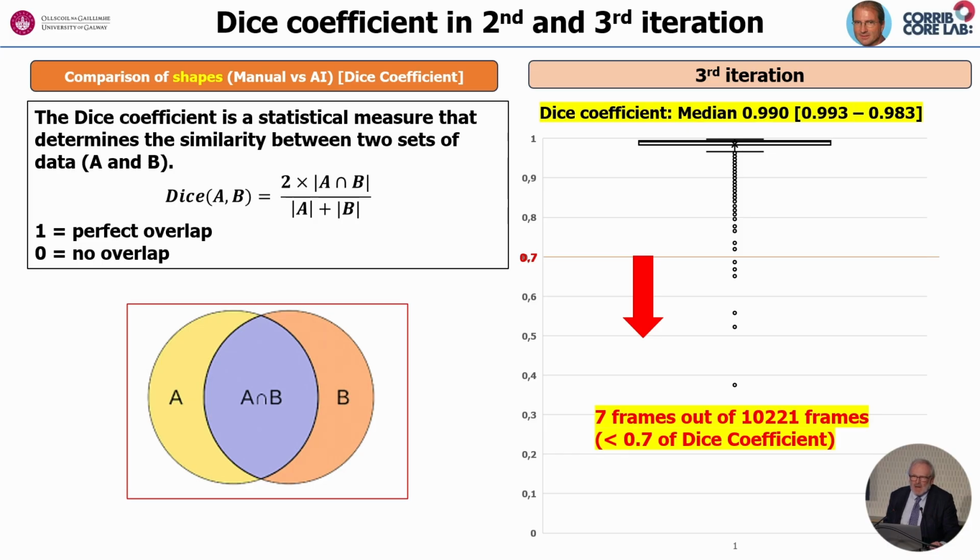And on the right-hand side, you see that after the third iteration, and you see the pictures of Professor Dijkstra, we are working with him, the dice coefficient median was 0.990. The interval is 0.993 and 0.9907. That means only 7 frames out of 10,221 frames were below this coefficient of 0.7 for the AI.